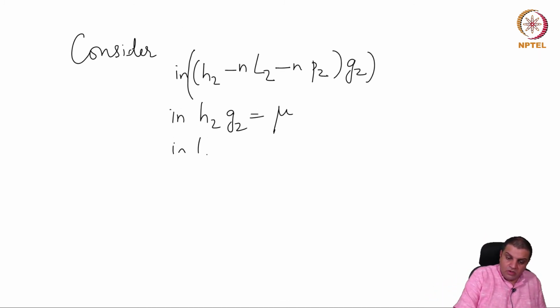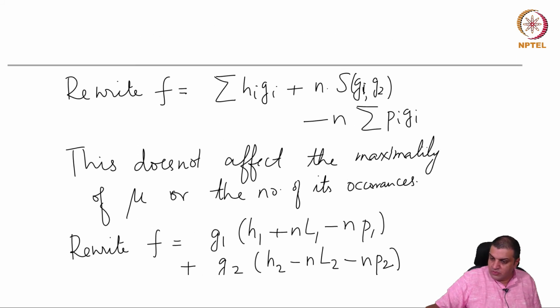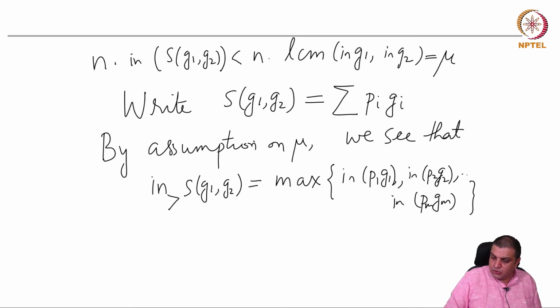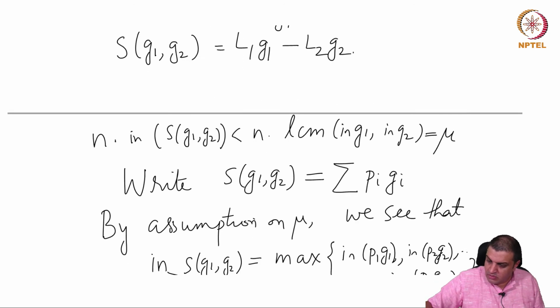The initial term of n P2 G2 is less than or equal to the max. So here, notice P2 G2 is less than or equal to the maximum of the initial ideal of the S pair, which itself is less than mu. Where was that?